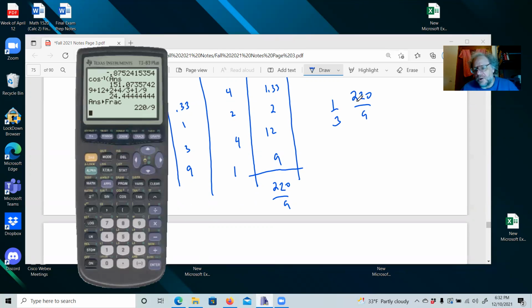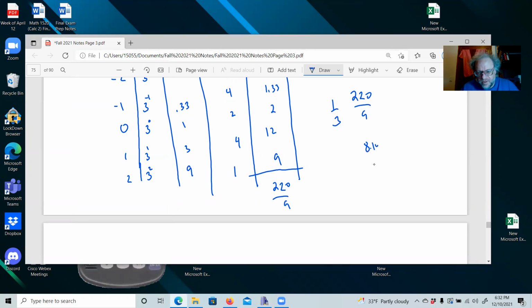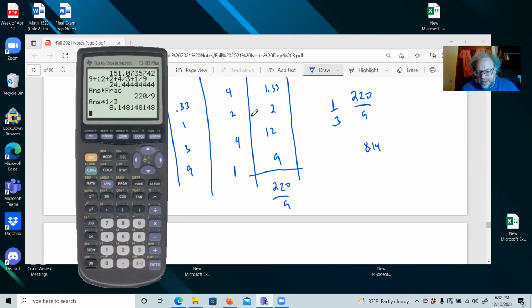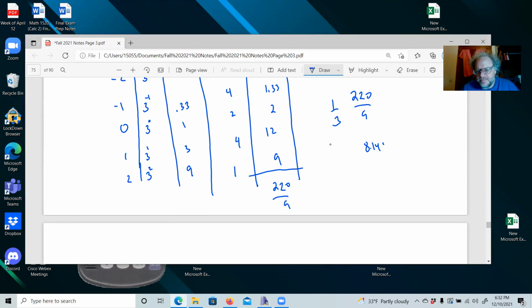I was hoping that something might cancel, but it doesn't. So we're just going to say times 1/3, and then we end up with 8.148. So, like I said at the beginning, we'll round it to that.